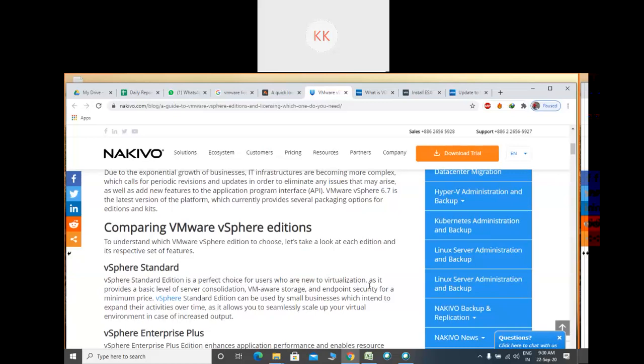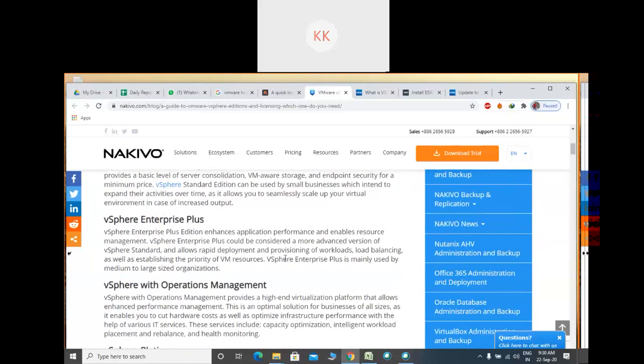Starting from the standard, whenever you go upward, you will get different features. Sometimes you get the AC at first, then a power window and different features. VMware is something like this. In the standard there are a limited number of features, and there are more in the case of vSphere Enterprise Plus.